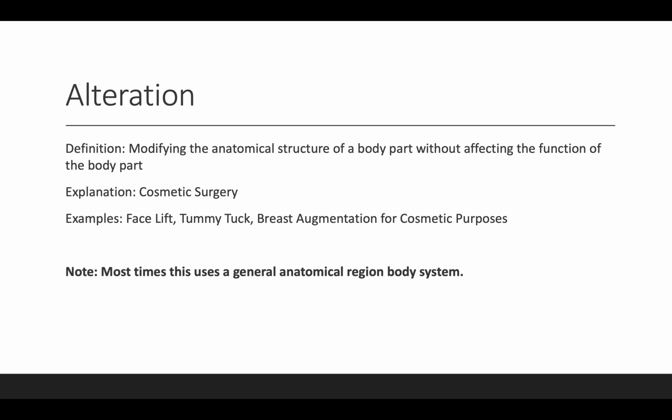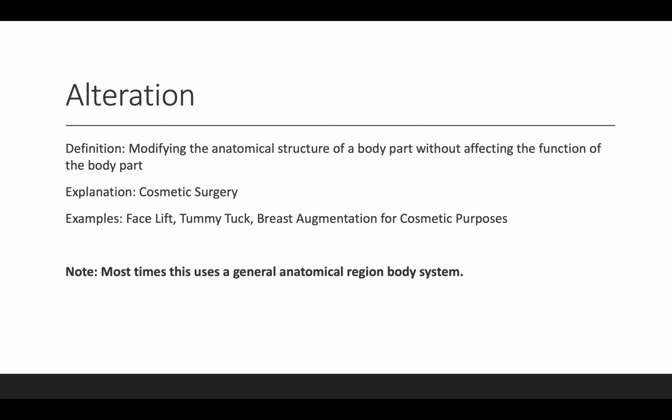Alteration. Definition: modifying the anatomical structure of a body part without affecting the function of the body part. Most commonly, these are cosmetic surgery procedures. Example: facelift, tummy tuck, breast augmentation for cosmetic purposes. Most of the time, this uses a general anatomical region body system because there's no specific body part, or the body part that they're affecting is altered.